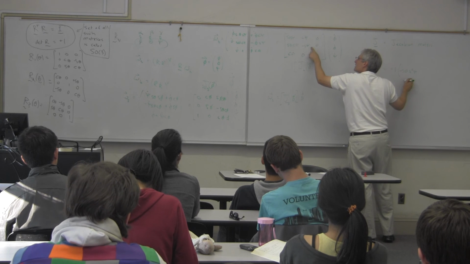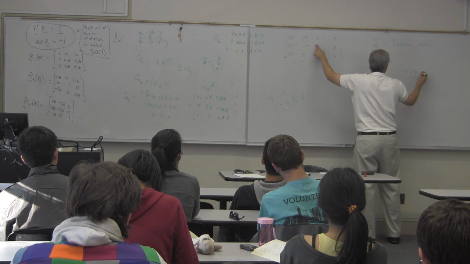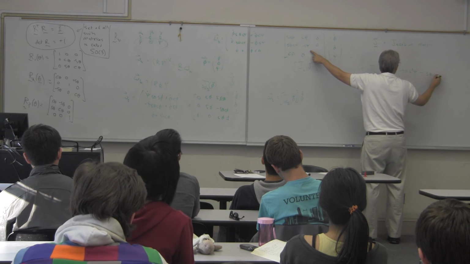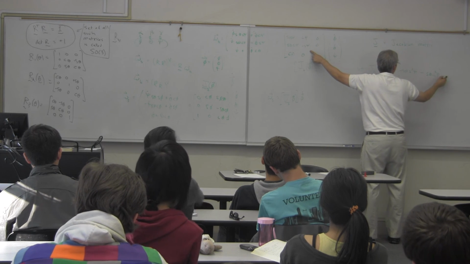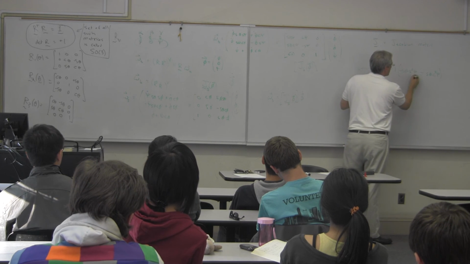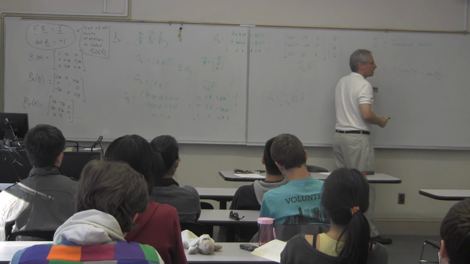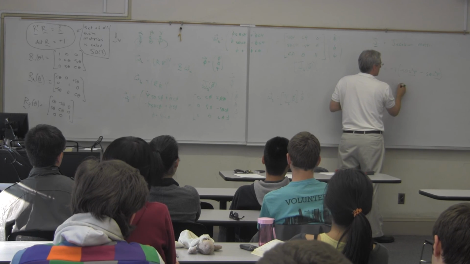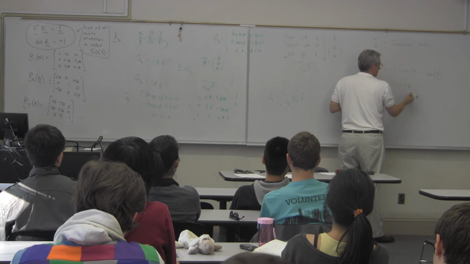It's going to be this times this minus this times this. So minus, and that's going to be a sine theta cosine squared psi. But we have our old friend here, sine squared plus cosine squared equals 1. So this result is going to be negative sine of theta.